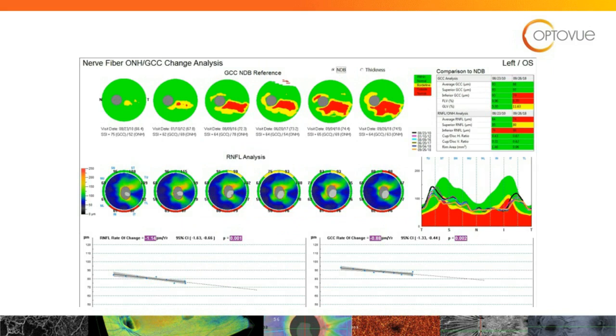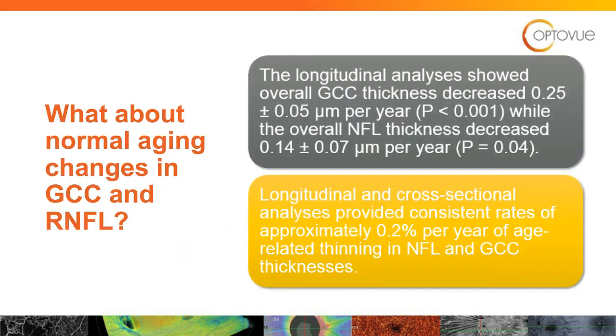Okay. What about normal aging changes? In just normal aging, how much change can we expect to see? And are the patients we think are progressing sometimes showing aging changes? A good study showed that the ganglion cell complex on average decreases about 1/4 micron per year, whereas the nerve fiber layer decreases about 0.14 microns per year.